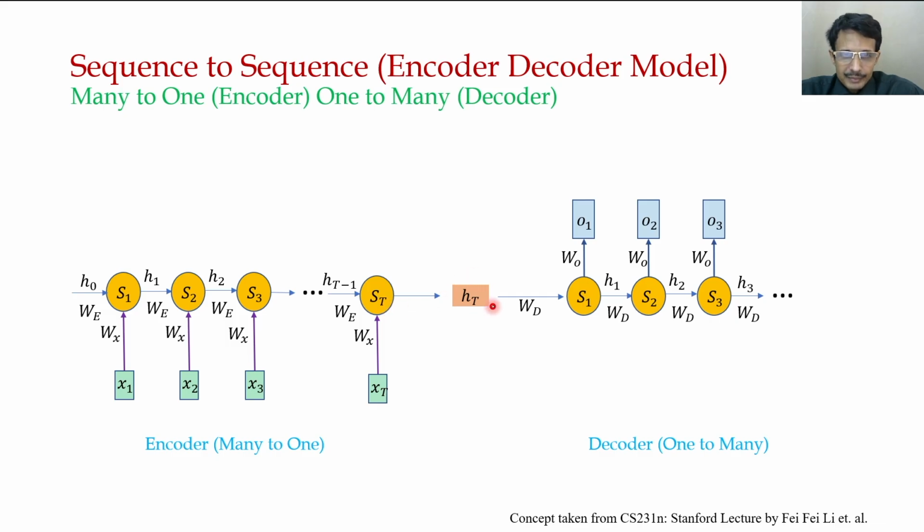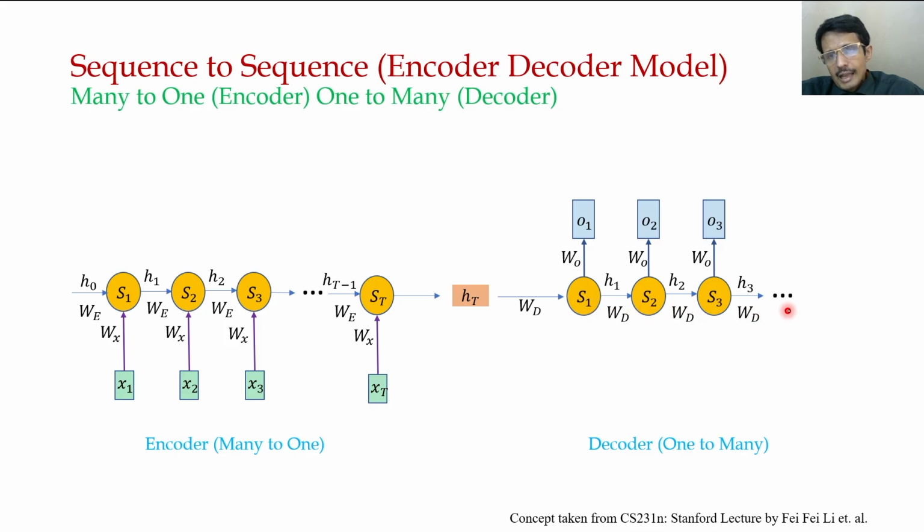More technically we call it the context, but apart from that, I can say this is kind of an abstract of the sentence. For our understanding, we think this is an abstract of the whole sentence, and it is prepared by this encoder arrangement. Now this is going to the state input of the decoder.